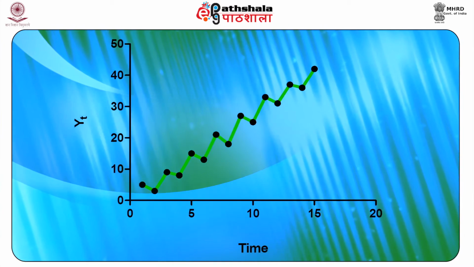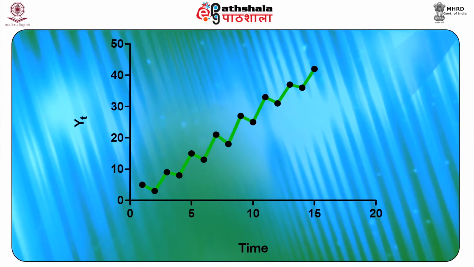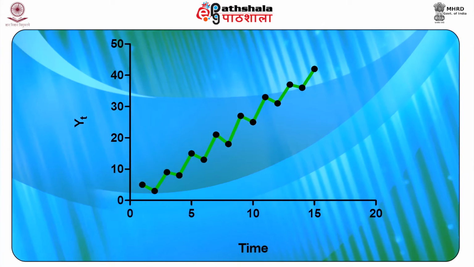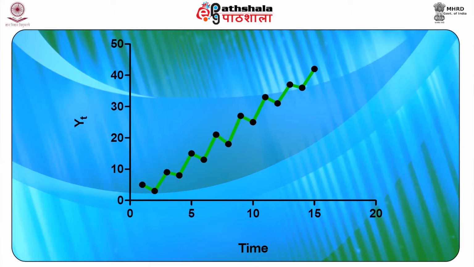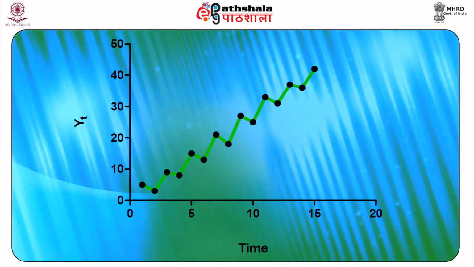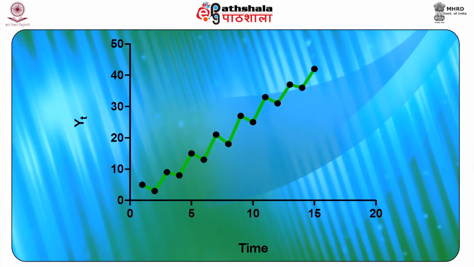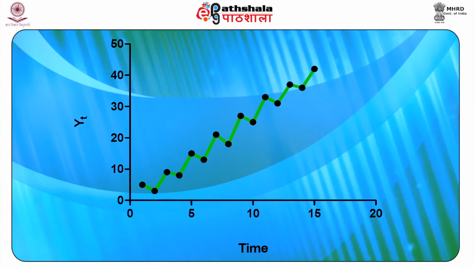We can show this phenomenon in figure 2, where the variable yt is showing an upward trend, implying that the variance and mean are not constant and instead are continuously rising.